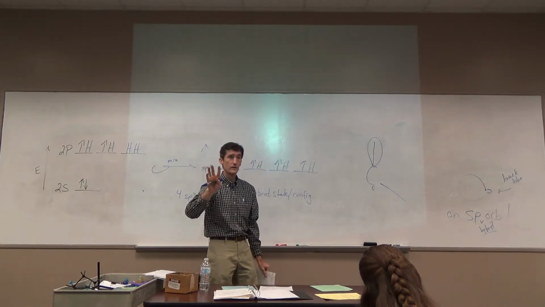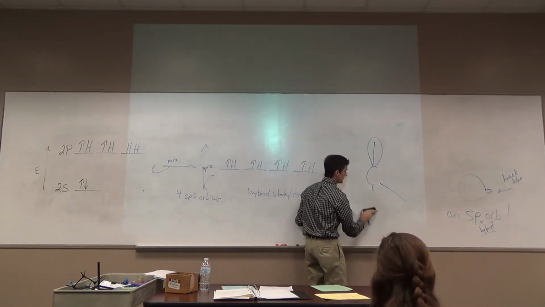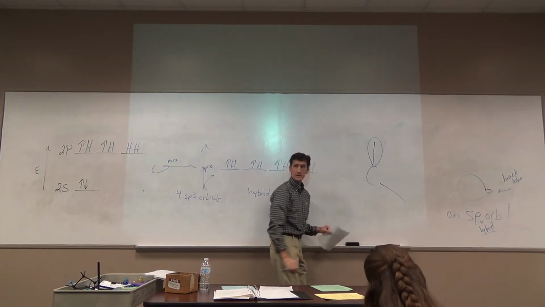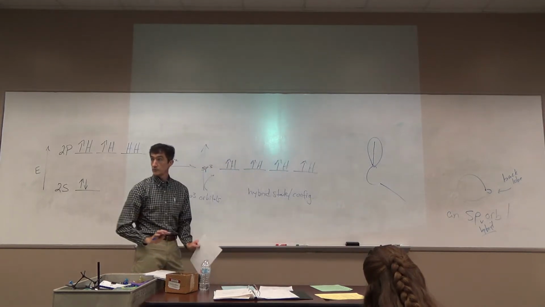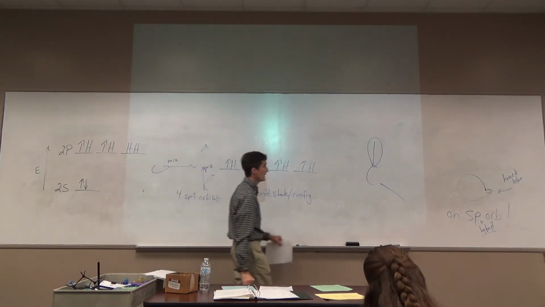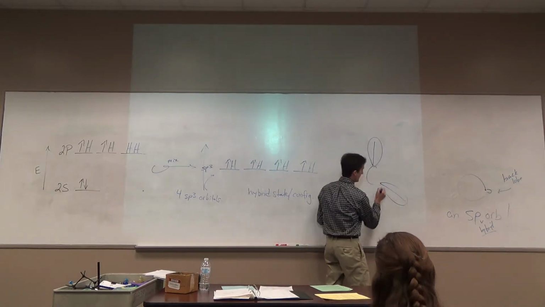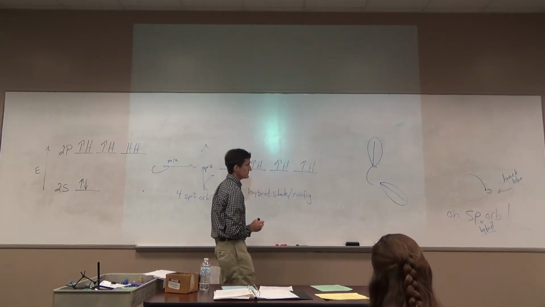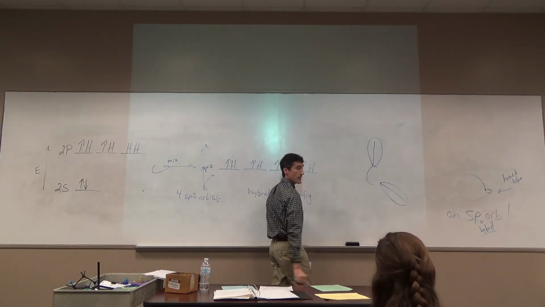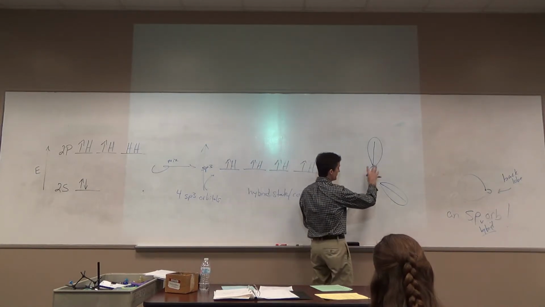Don't draw anything, because we're not going to draw the back lobes, because it's going to make it too complicated. So we're never going to draw them again. All right? There's one of them. Here's another. And I didn't draw the back lobe. All right? That's in the board.